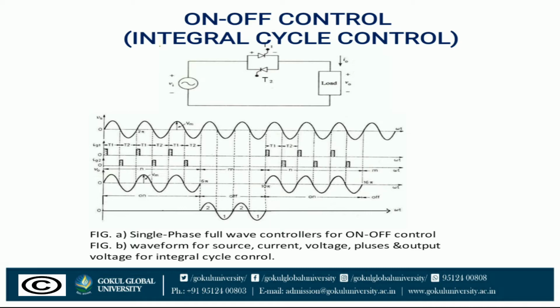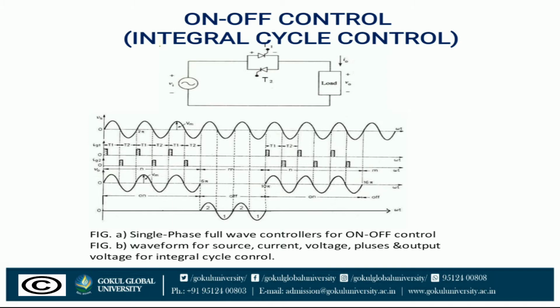Again, positive half cycle, negative half cycle, positive half cycle, and negative half cycle. For 3 cycles, we have made the thyristor circuit on. Let us say it's n cycles.